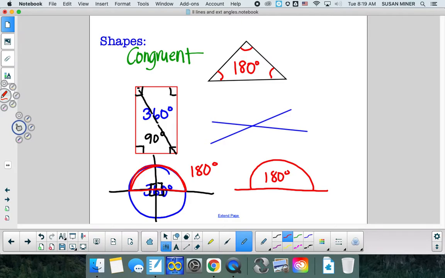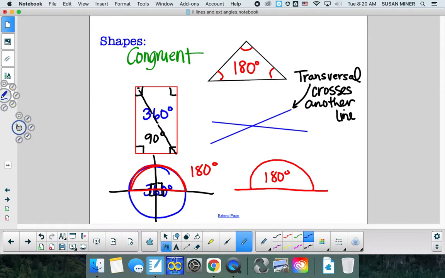And then we said, hey, the next thing we need to know is this word transversal. A transversal is just a line that crosses through another line. And so you can add that to your notes as a good vocabulary word for this unit. The transversal is just a line that crosses another line.